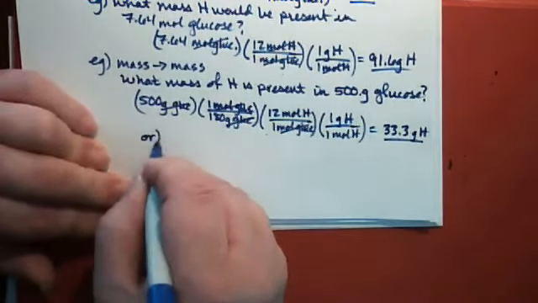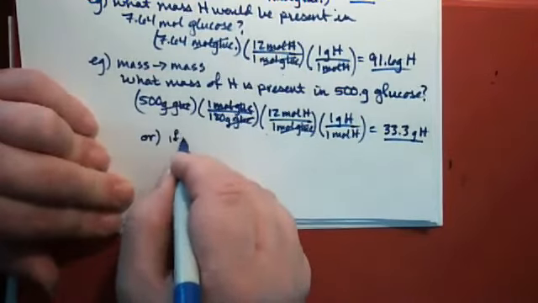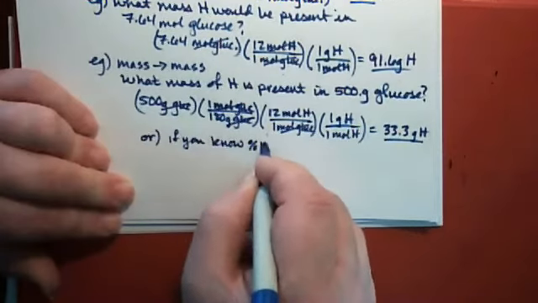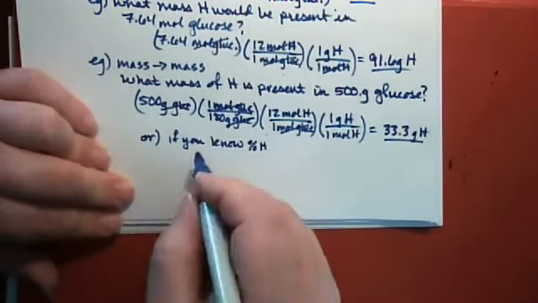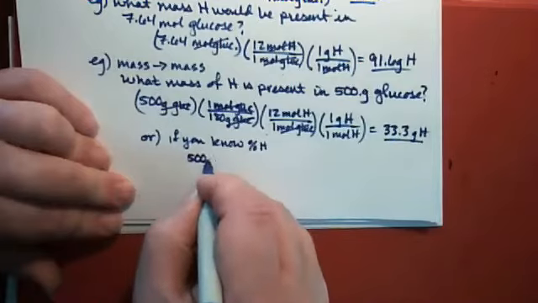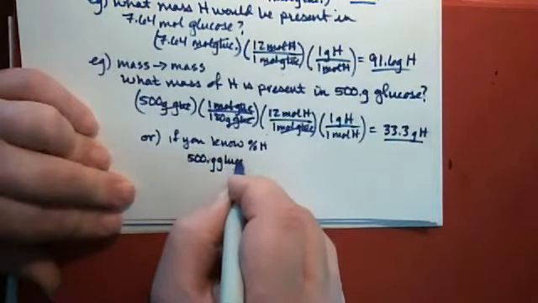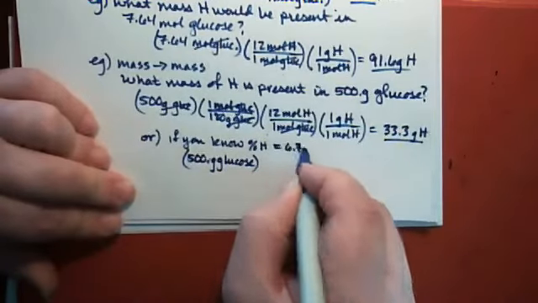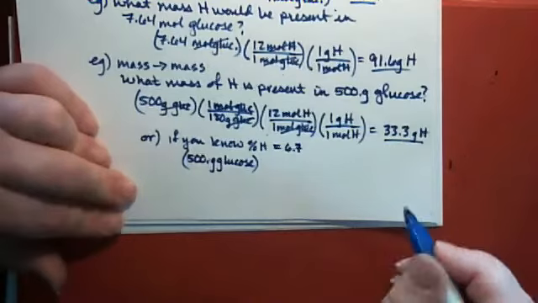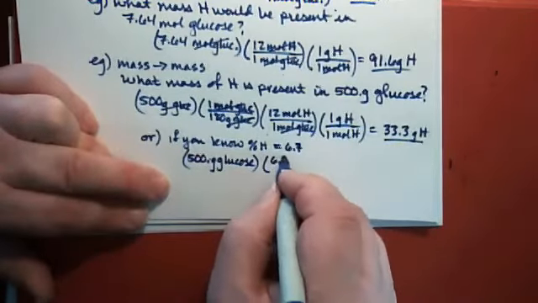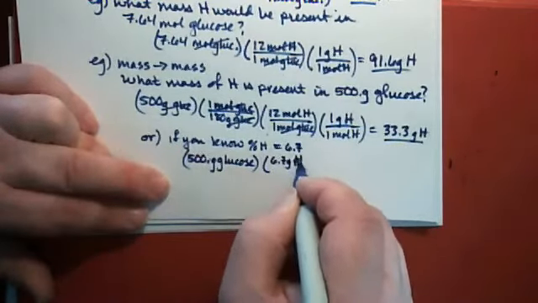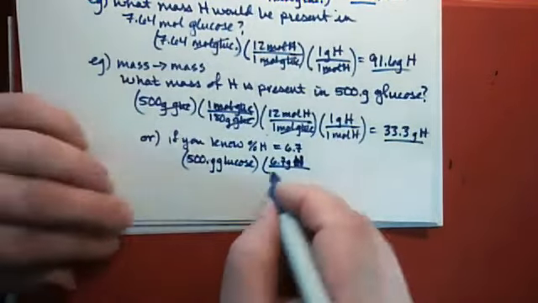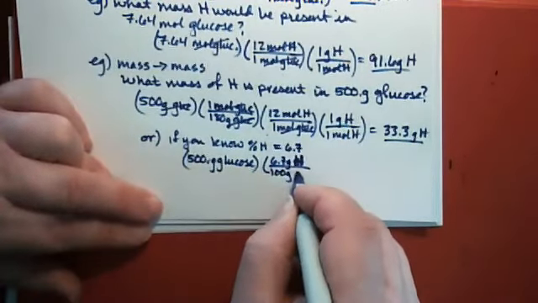Or it would be simpler, actually, if you know the percent hydrogen. Because if the percent of hydrogen is 6.7%, that just means there's 6.7 grams of hydrogen for every 100 grams of glucose.